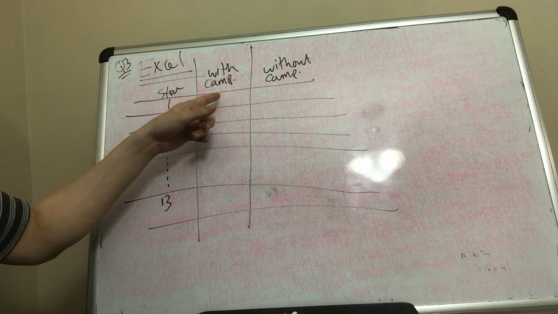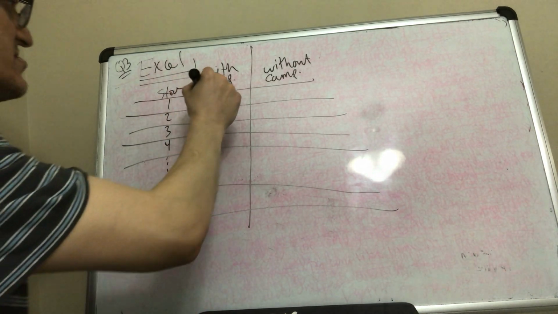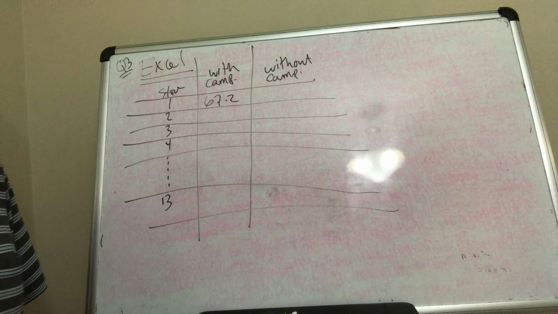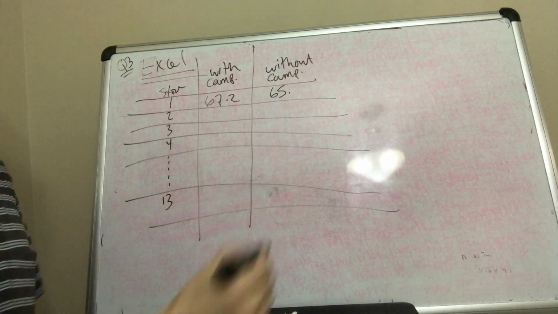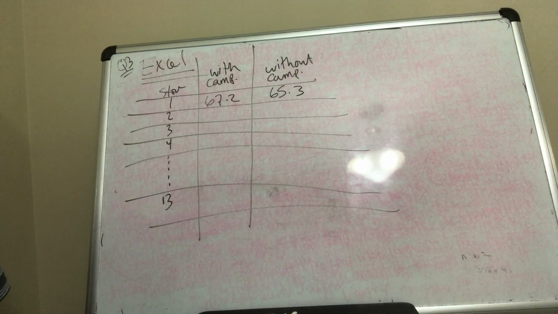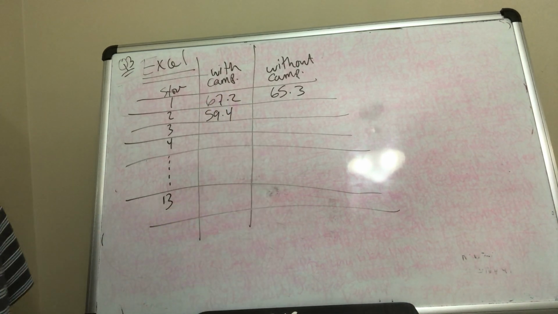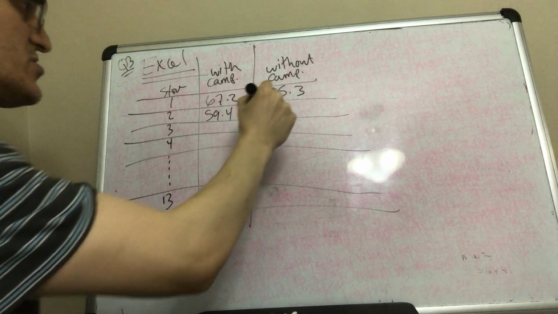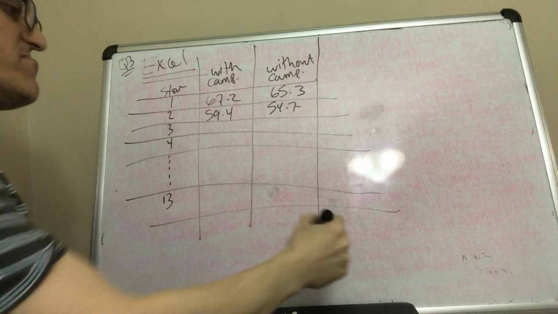So store number 1 with the campaign gives you 67.2 average weekly. Without the campaign gives you 65.3. Store number 2, 59.4 and without gives you 54.7. I'm not gonna write them all down, but you need to.